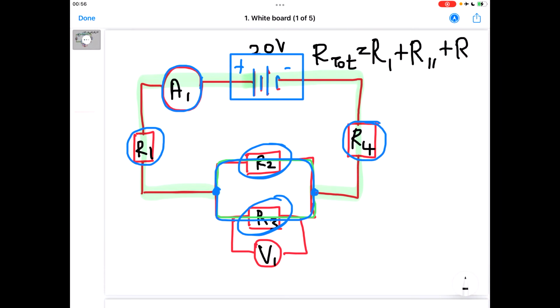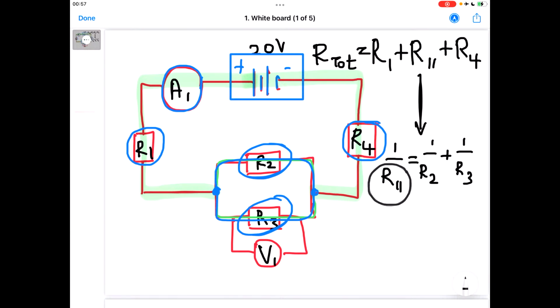So remember guys, R parallel has a formula which says 1 over R parallel is equal to 1 over R2 plus 1 over R3. So you are going to use your mathematical knowledge or mathematical steps or rules to solve for R parallel.